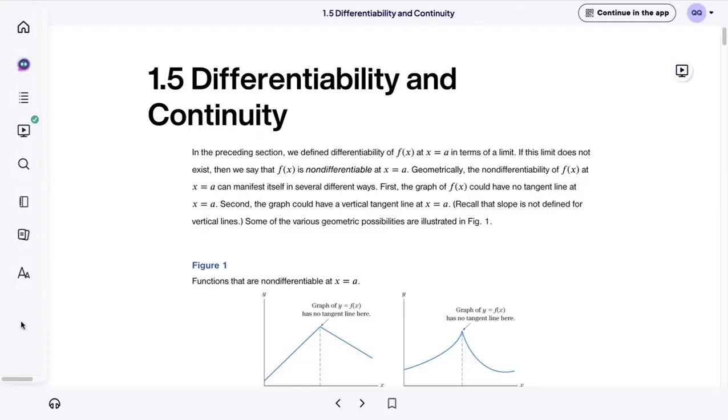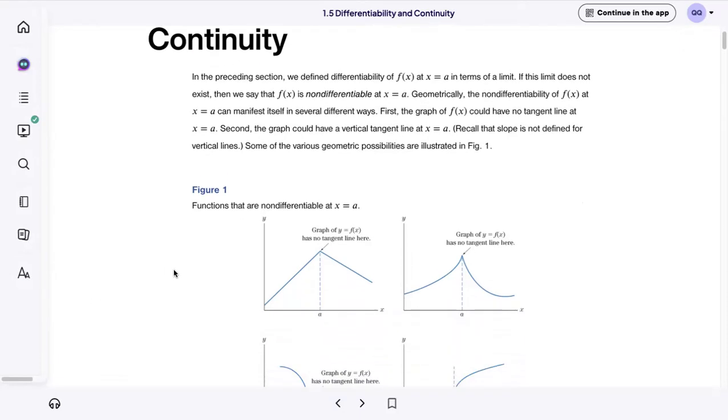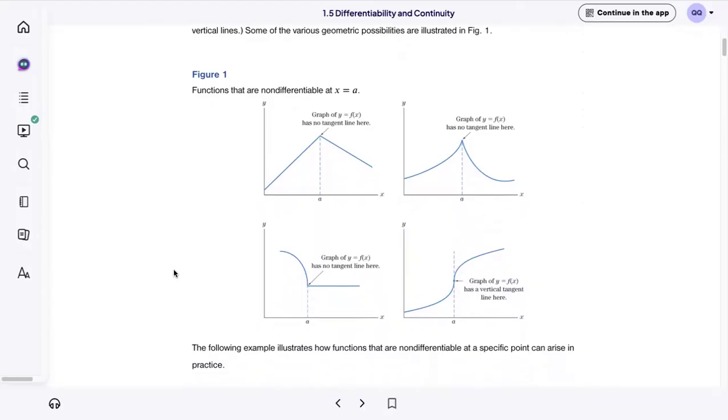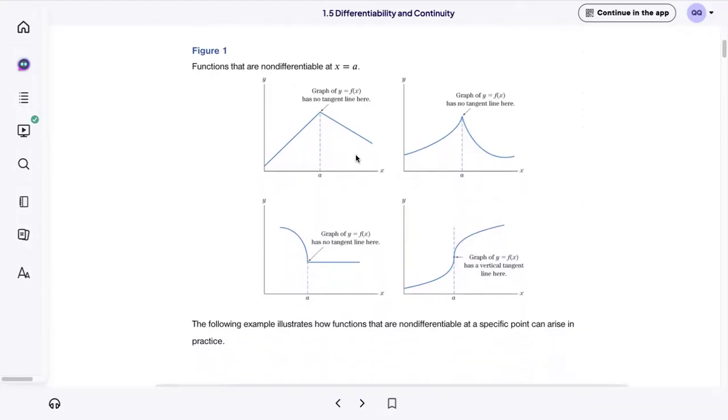So let's see these graphs. It's easy to see from the graph. If the graph is one piece of string, just imagine, right? You see all the four graphs, we can imagine as one piece of string. If we use our hand to take this from this point, this is just one piece of string.